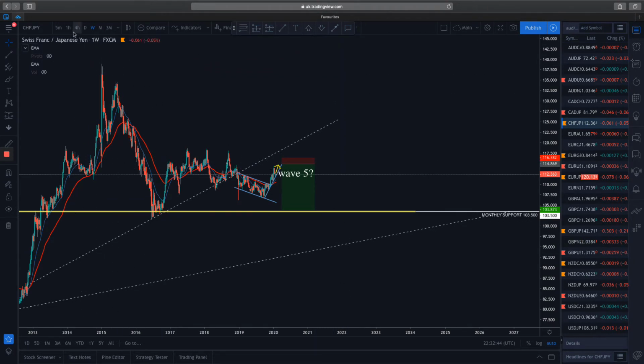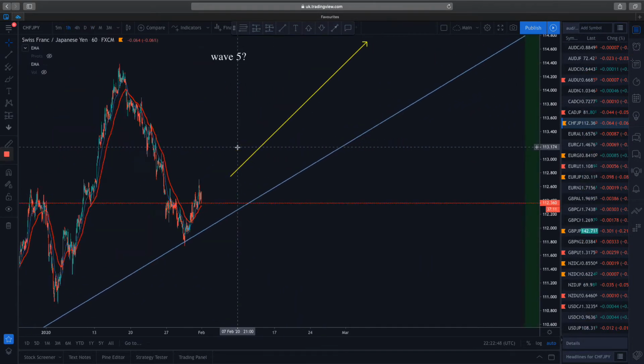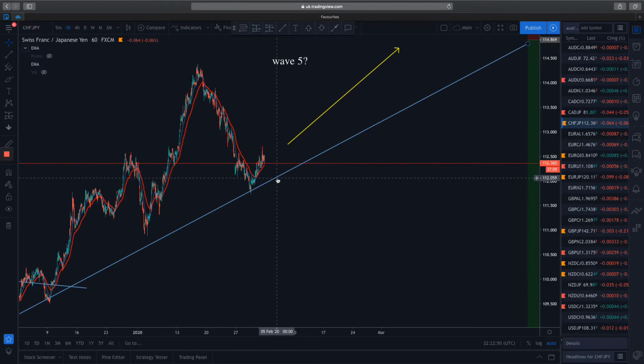So if we can get a wave 5, and obviously that 1 hour 50 EMA will be tracked all the way up, then I'll simply look for a break and retest of that 1 hour 50 if it's around this level, to then take short.